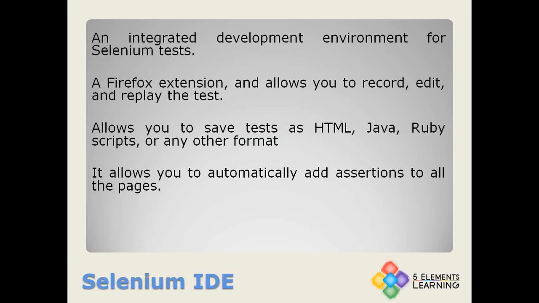Selenium IDE is effectively a record and playback component which works as a Firefox plugin. It allows us to record the test and replay it back, and it also allows us to export the recorded test in different programming languages.